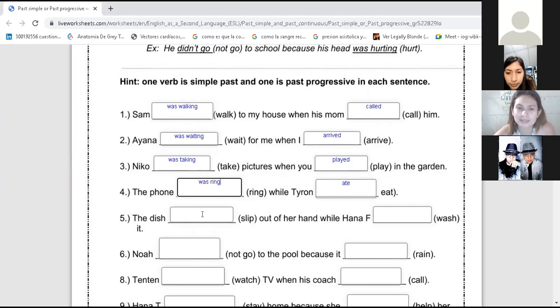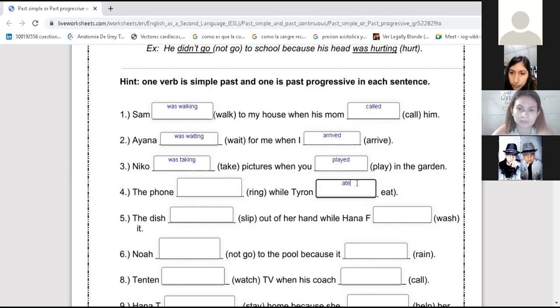Do you remember what I mentioned previously? Yes, I remember you say keyword, it's while. When you use while, all the sentences are in past progressive. So I'm not sure if this is the case. In this case, could be.